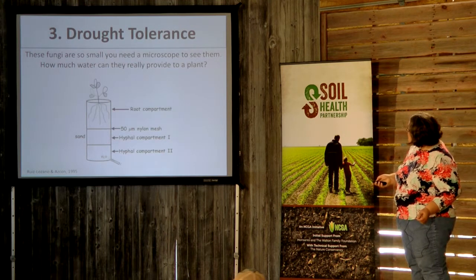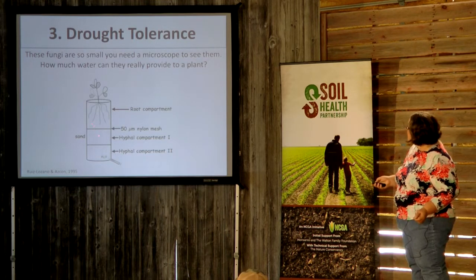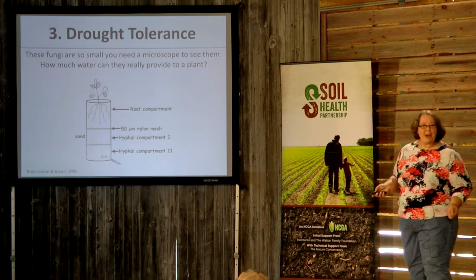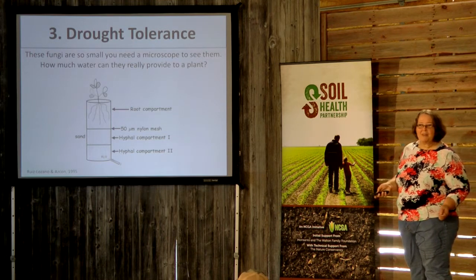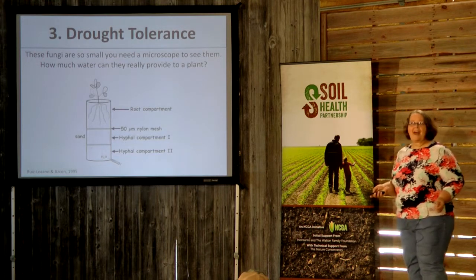And then he had, this is the hyphae only. This is the root compartment, but it's root and hyphae. And then the hyphae grow down, and you have no roots in this compartment. And then they grow down to a third compartment, and they injected the water at the bottom instead of watering from the top. So all the water that went to the plant had to be transported there by the hyphae.